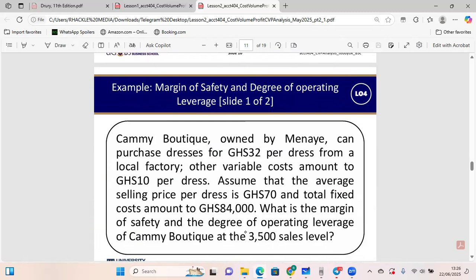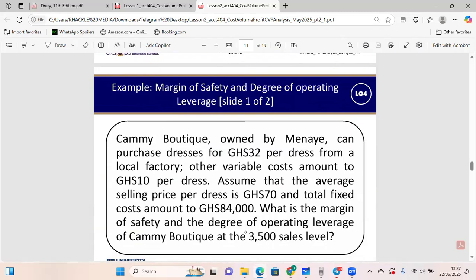So there's an example here. Kami's boutique, owned by Minaye, can purchase dresses at 32 per dress from a local factory. Assume that the average selling price and total fixed cost are given.